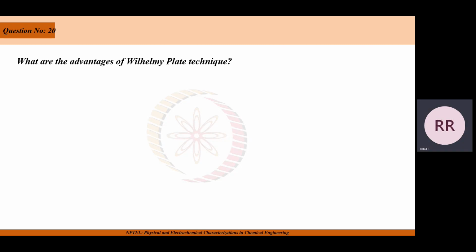What are the advantages of the Wilhelmy plate technique?